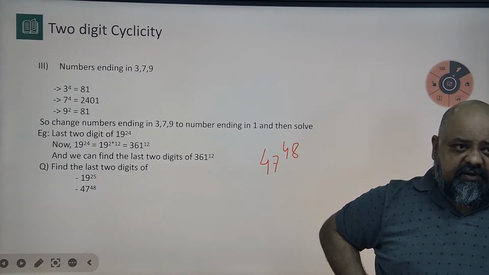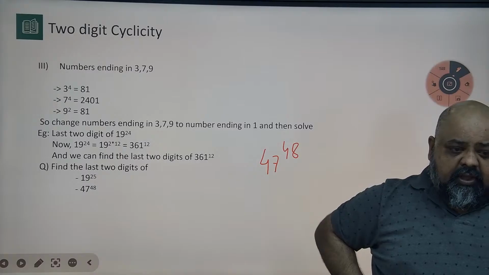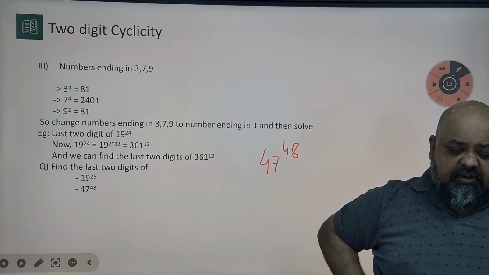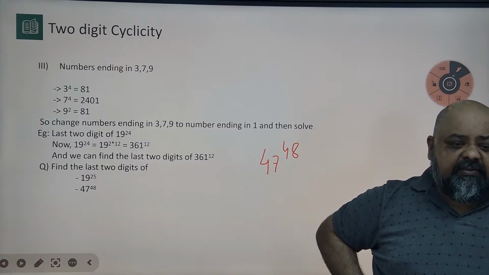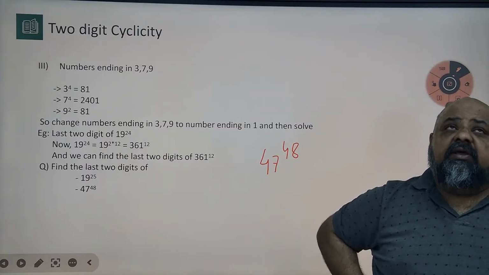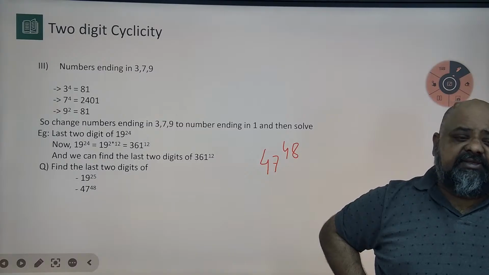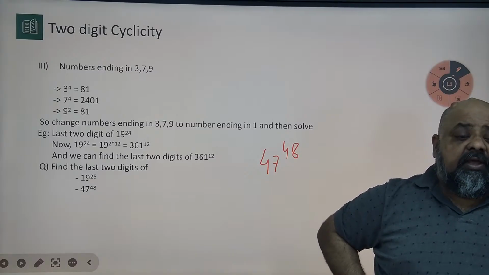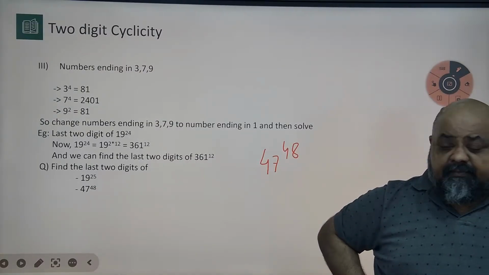Yeah, 47 raised to 48. अब अगर number ending in 7 का रूल तो पता नहीं, मतलब 1 का रूल पता है. तो मैंने 7 की पावर चेक करी. 7 squared 49, 7 cube 343, 7 raised to power 4 is 2401.